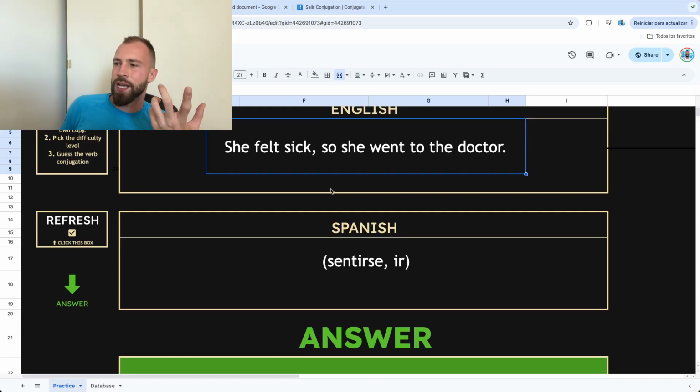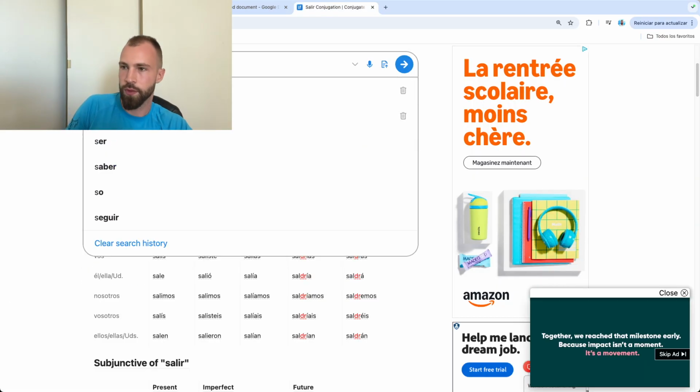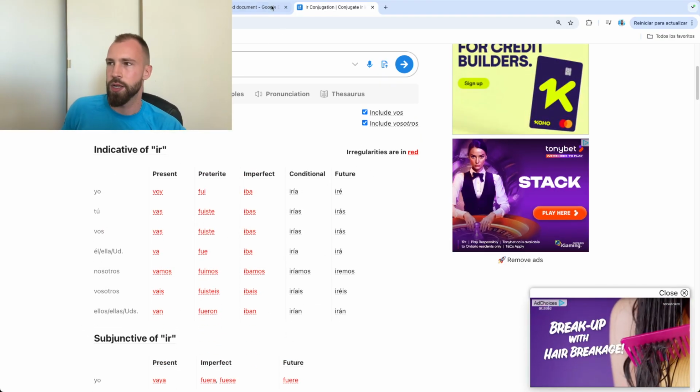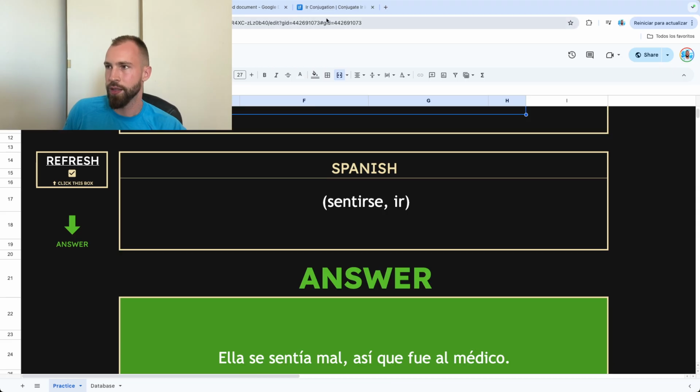It wouldn't make sense to say, so the verb ir in the imperfect is iba. Ir is very irregular in the preterite. The preterite has a lot of irregular verbs, so that's why in the preterite it's fue. Ella fue.